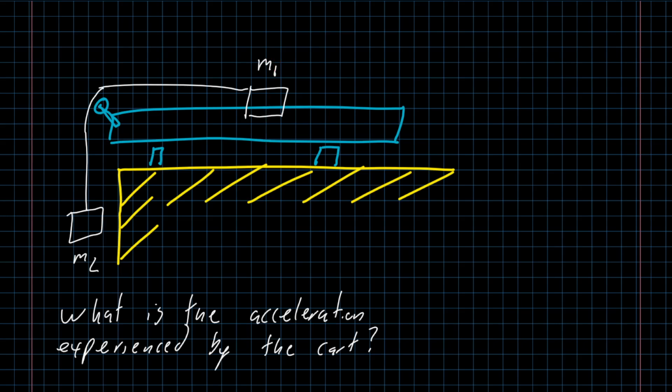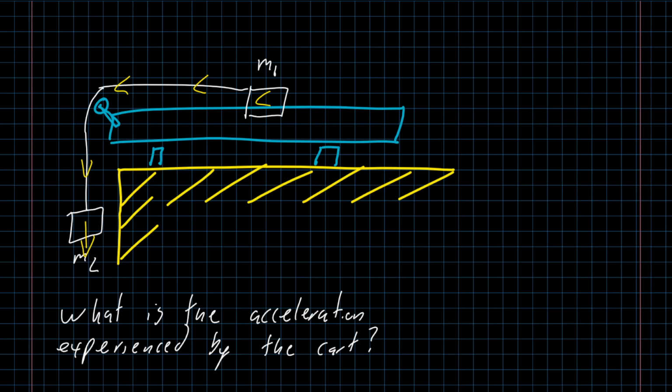I don't need to worry too much about what's happening there, so I'm not going to. Let's just focus on the things that are going to make a difference. Right? There is definitely going to be a gravitational force pulling downward on this counterweight. That force is going to get transferred into the string and cause everything else to be pulled as well.